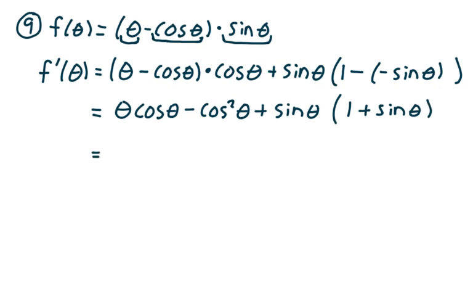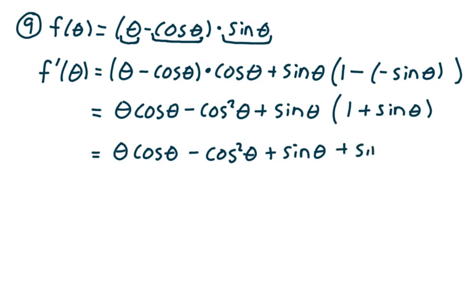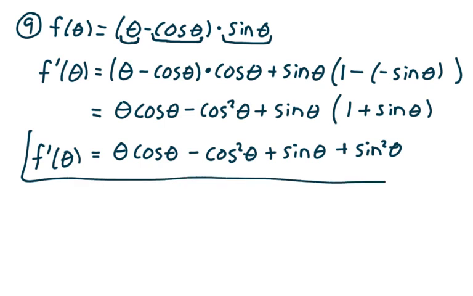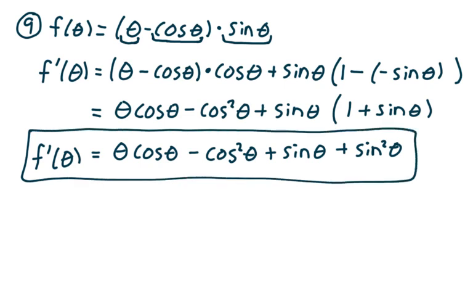And I'm going to go one step further. Now we get theta cosine theta minus cosine squared theta plus sine theta plus sine squared theta. And again, this whole thing is equal to f prime of theta. That's how we do number 9.